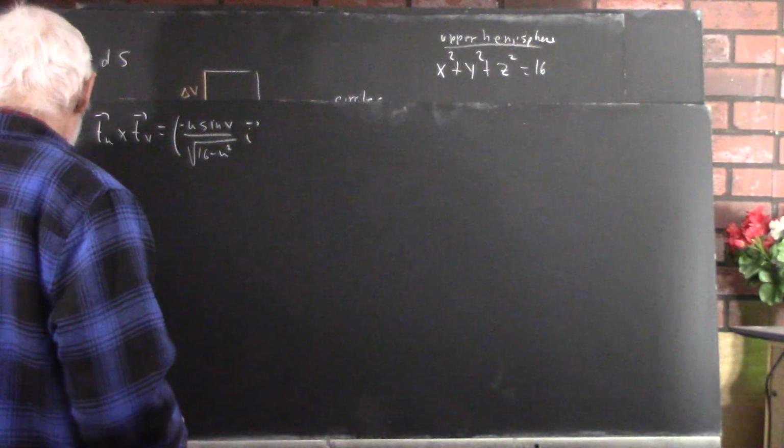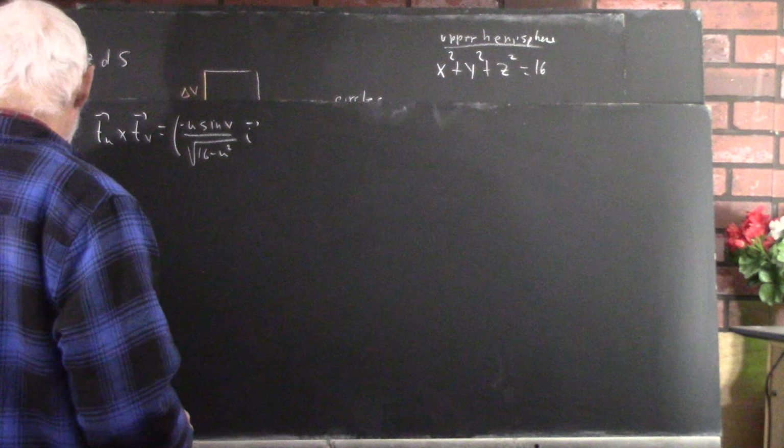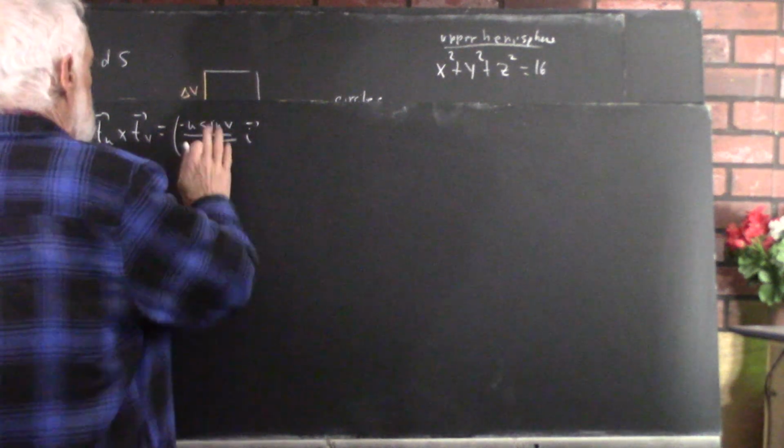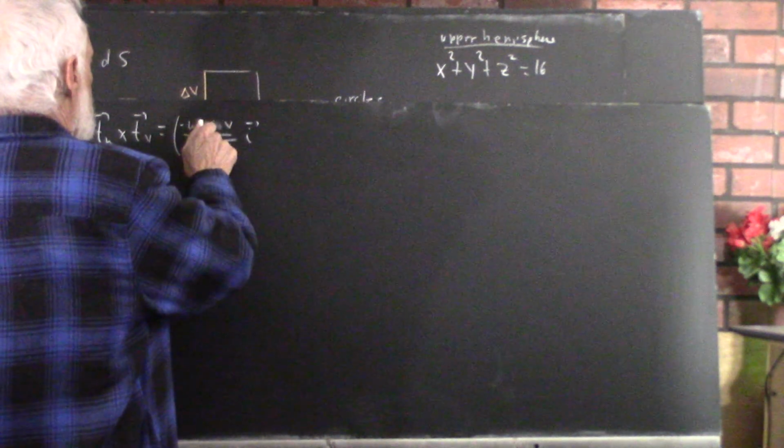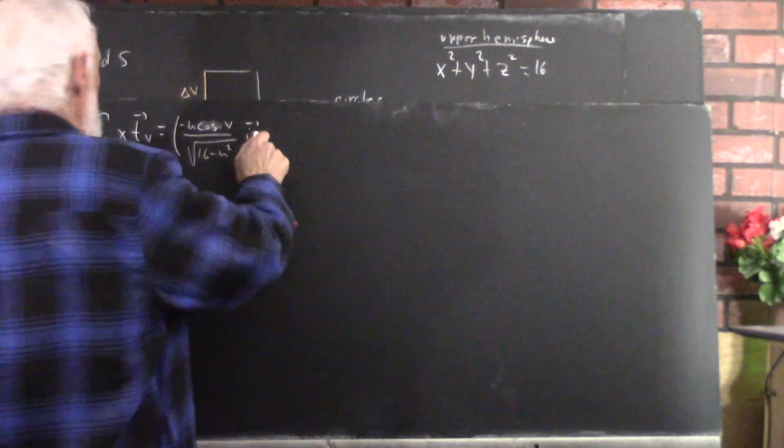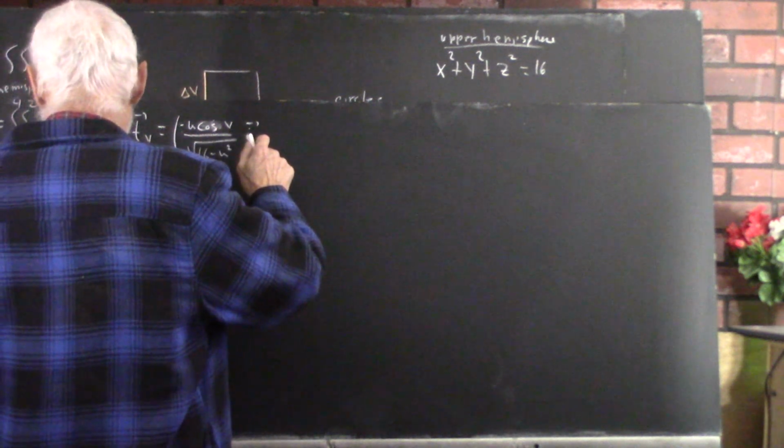And then it's going to be j times, and that should be a cosine of v here. And that's going to be then plus j.